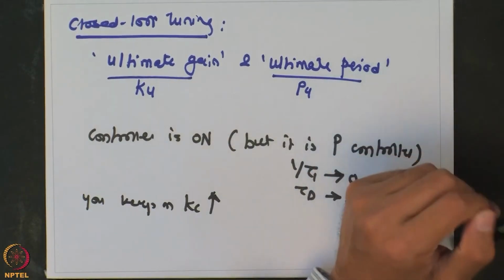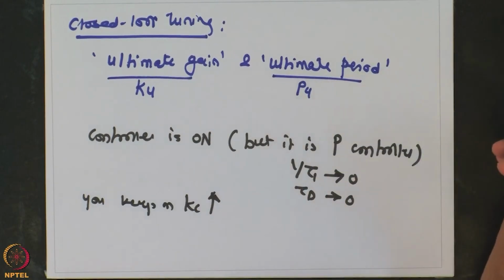We have studied stability. So you will realize that as you keep on increasing the controller gain, you are eventually going to reach a stability limit, after which the response may become unstable. You are not going to make the system unstable, but you are going to find out at what limit the system reaches the stability limit.